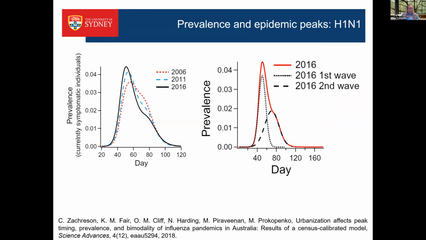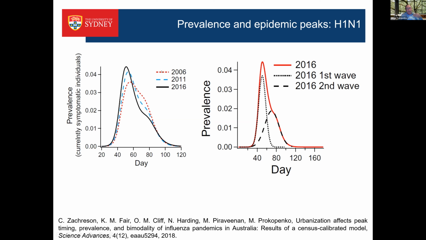If you do this in exactly the same way, and the epidemiological parameters are exactly the same, for example, you deal with H1N1 influenza, you see that the simulation of 2006, the red curve, shows that the peak is lower than 2011, which in turn is lower than 2016, and it happened later.